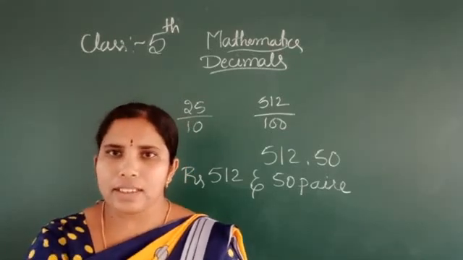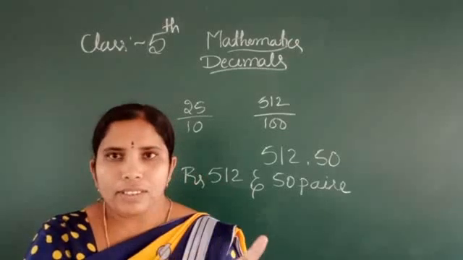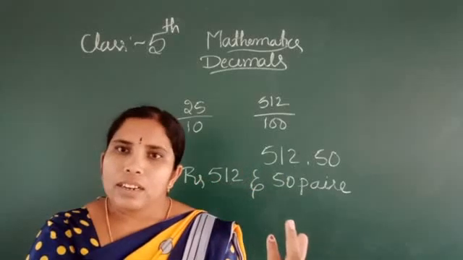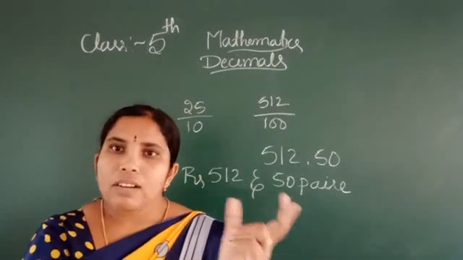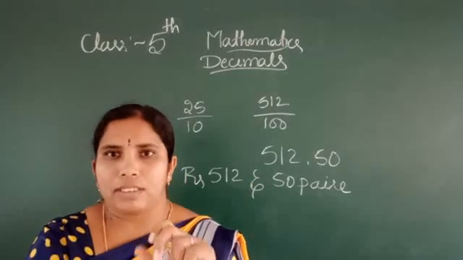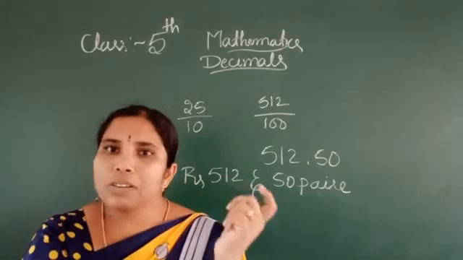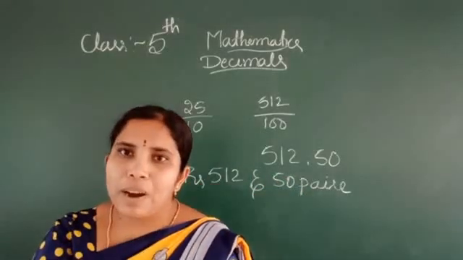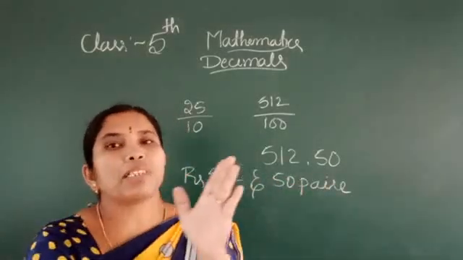A decimal has two parts. One is the whole number part, another one is the fractional part. The whole number part and the fractional part are separated by a decimal separator.